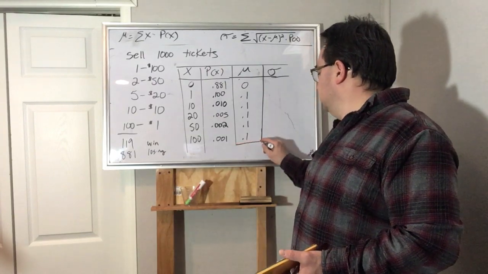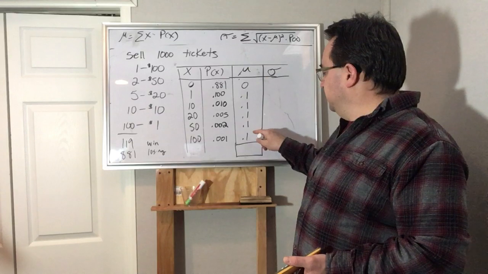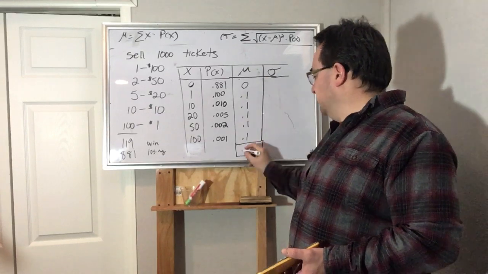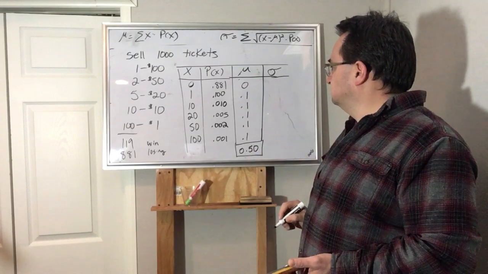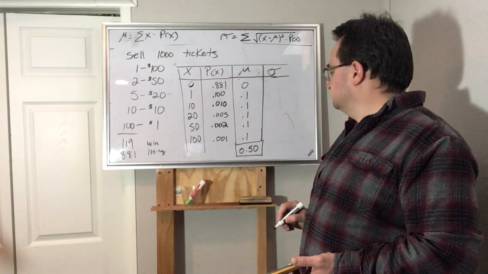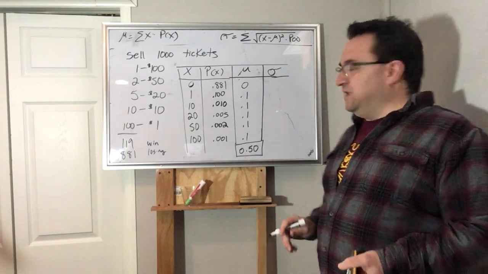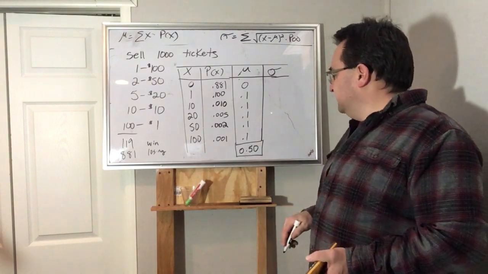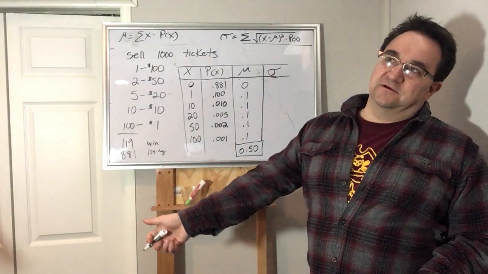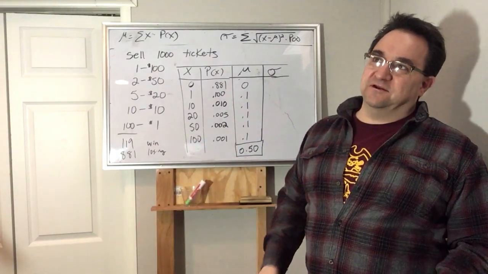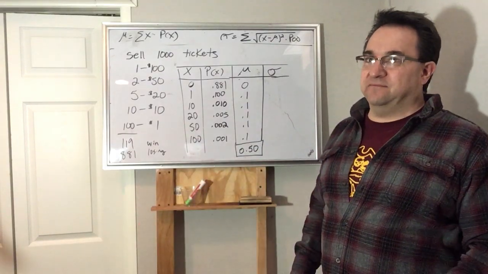And so my mean is going to be 1, 2, 3, 4, 5, 0.50. Okay, so that means the average ticket is going to pay out 50 cents. So if I bought a whole bunch of tickets, I could expect that the average one is going to pay me 50 cents.